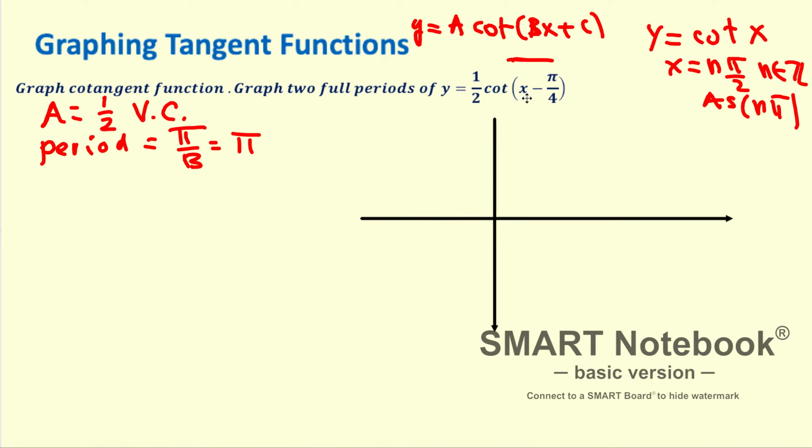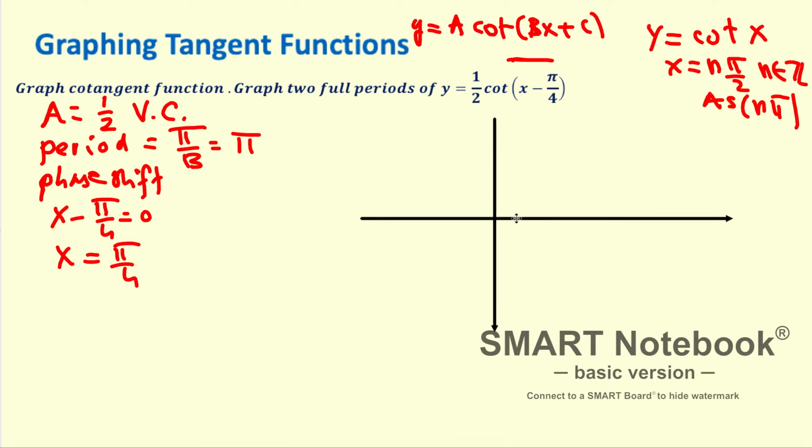But the phase shift is going to shift here, because x minus pi over 4 equals 0 gives x equals pi over 4. The parent function has the point that divides the graph of cotangent x into symmetrical sides at pi over 2.